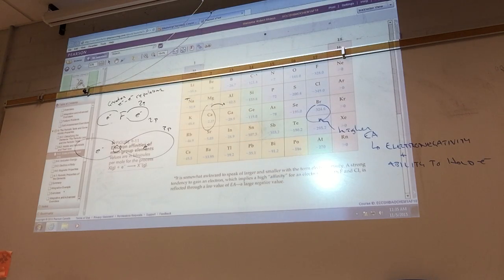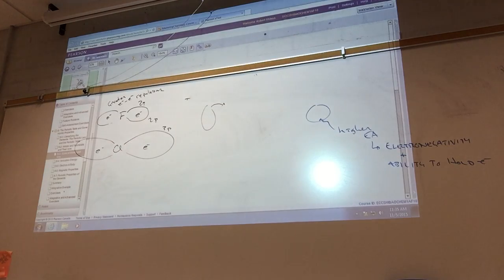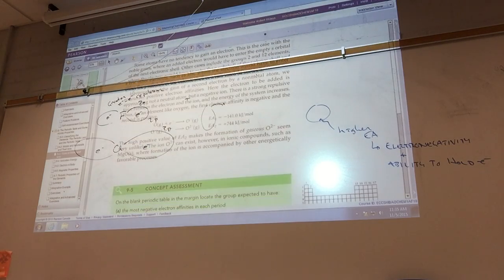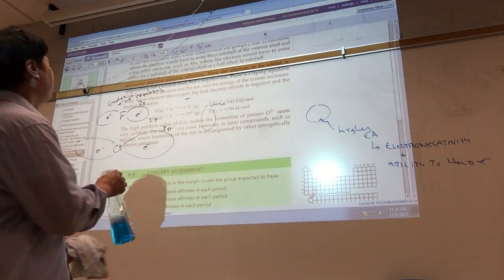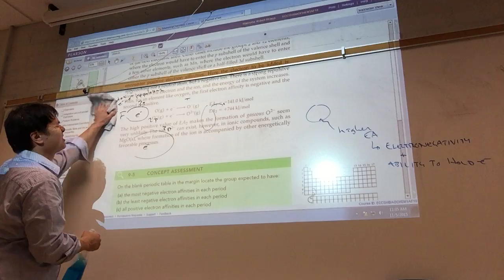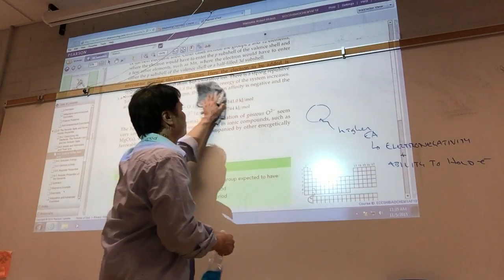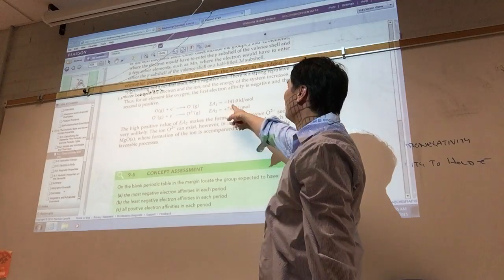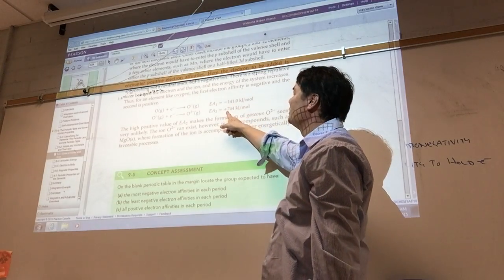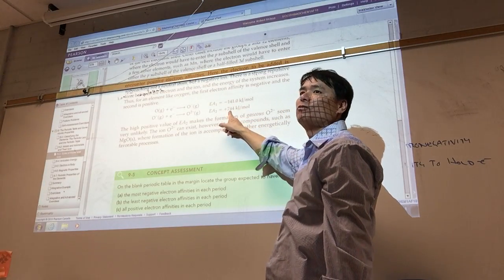All right, there's EA1 and there's EA2. EA1 is exothermic, EA2 is typically endothermic. And so if we look at oxygen, adding the first electron is favorable, minus 141. Adding the second electron is highly unfavorable, plus 744.